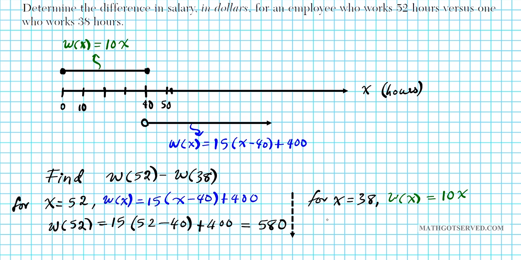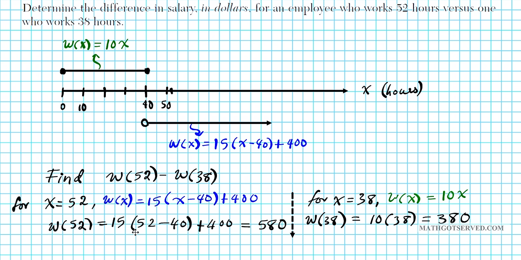So let's go ahead and evaluate W of 38. What is W of 38? It is what you get when you plug 38 into the first function. So you have 10 times 38. That's clearly 380.